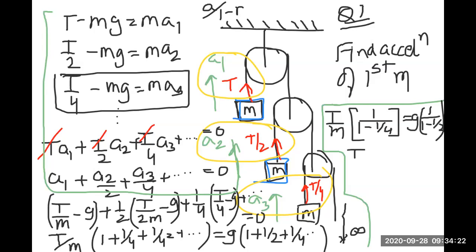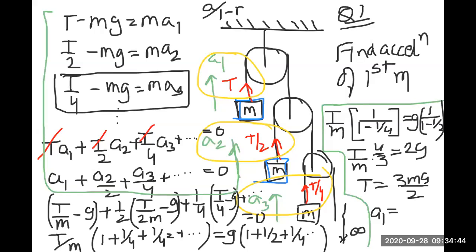So I'll get T/m into 4/3 is equal to 2g, right? So T is equal to 3mg by 2, and therefore A1 will be equal to g by 2.